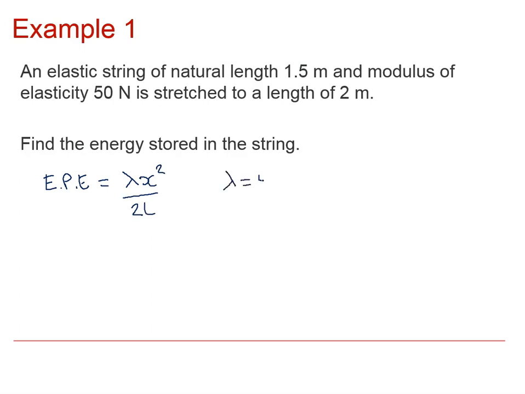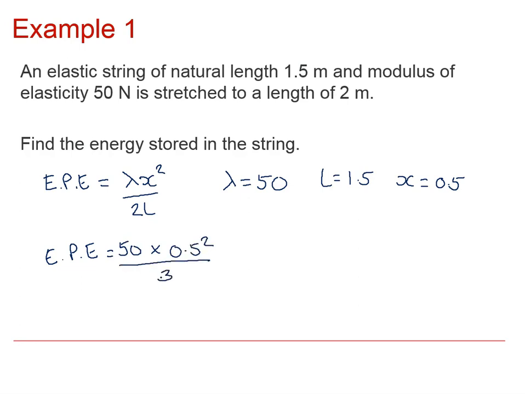In this particular case, lambda is 50, L is 1.5, and x is 0.5. If we substitute these values in, we have 50 times 0.5 squared divided by 3. So we get an elastic potential energy of 4.17 joules.